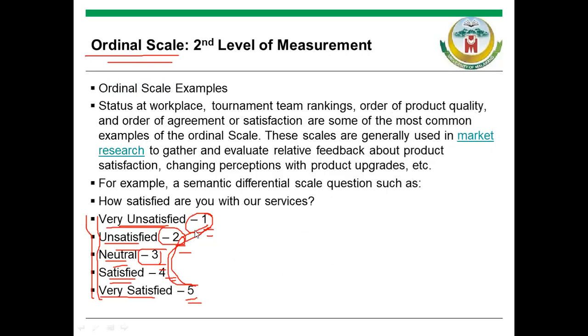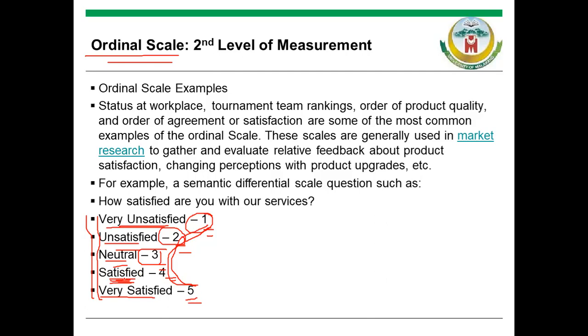Okay. So we cannot calculate the difference between unsatisfied and very satisfied. We can't calculate this difference because for every respondent these levels are different. For example, when I say satisfied, the satisfaction level will be different for different respondents.